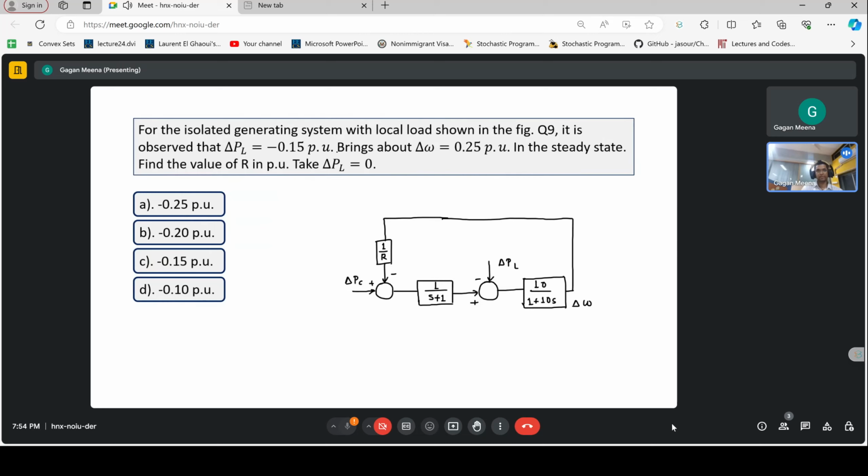In this, if we substitute the limit as S tends to 0, this is 0, this is 0, this is 0, this is 0, so it becomes minus 10 by R plus 10 by R into delta PC minus delta PL. Delta omega is 0, so for this to be 0, delta PC has to be equal to delta PL.